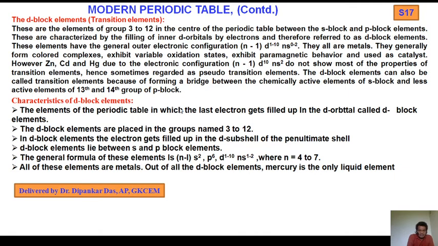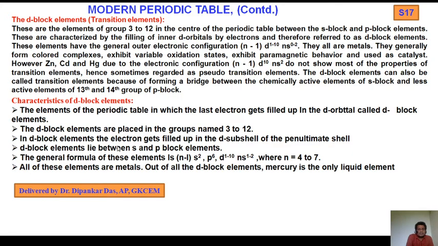So now, what are the characteristics of D block elements? The elements of the periodic table in which the last electron gets filled, or simply the electron enters, in the d orbital are called D block elements, like the S block and P block.